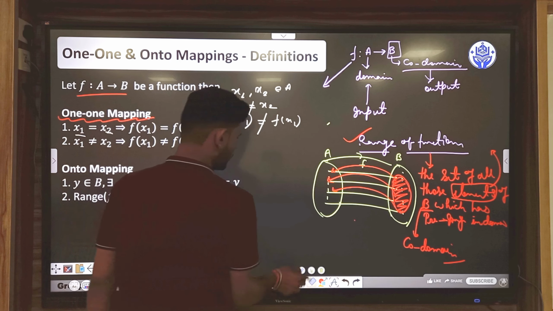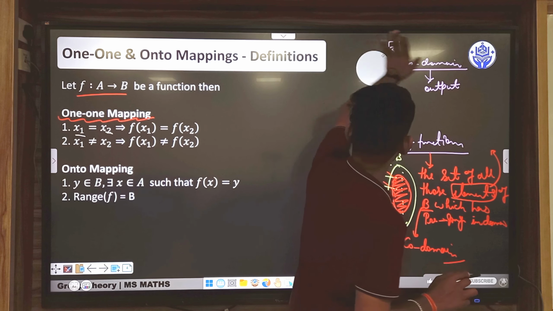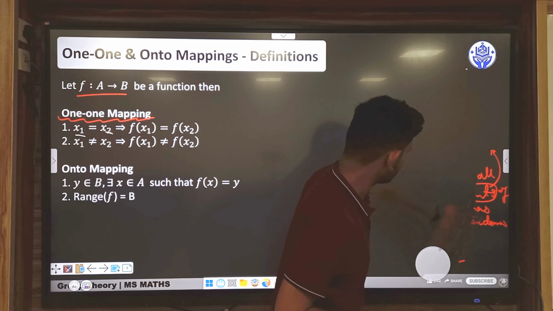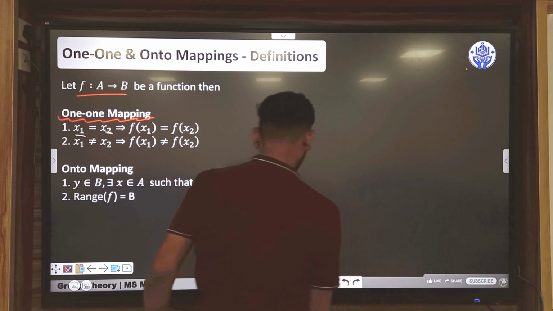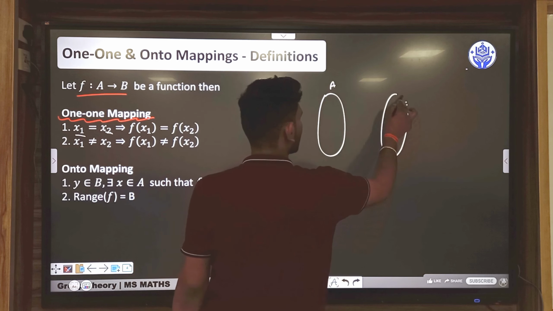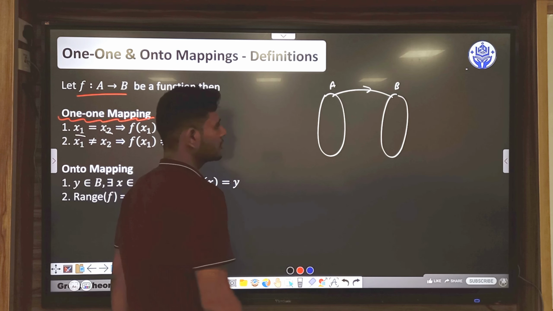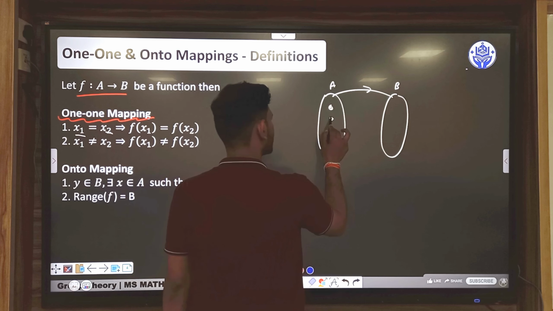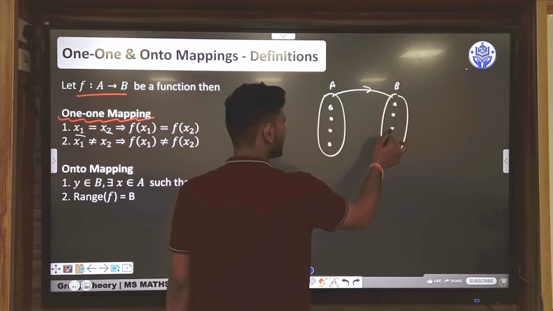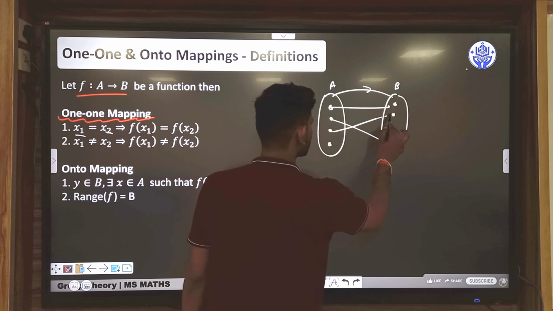And if I draw a diagram of what one-one function means, I want to show you how it will look if this is A and this is B. Whatever function I take, if here are, let's say, 4 elements and here are also 4 elements, then each element is related to a single element.